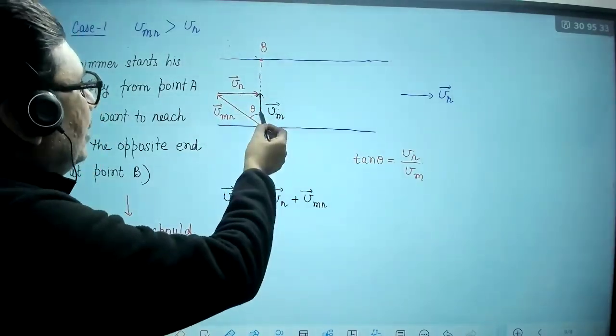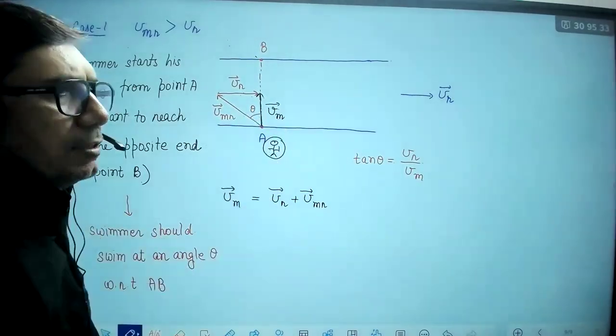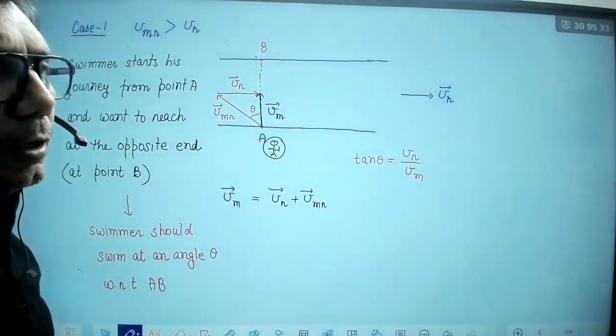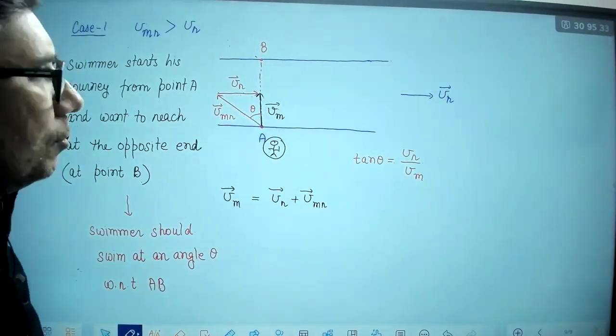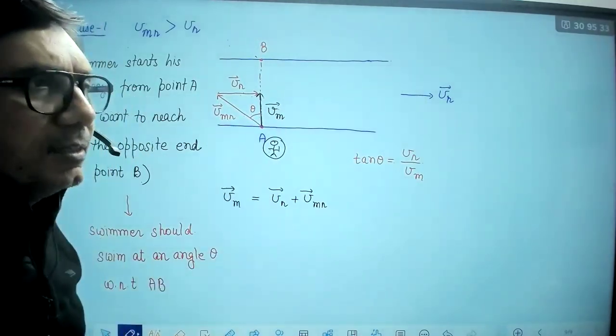If he provides me VM and VMR, I can use cos theta. Depending upon the two quantities he provides, I can find out theta. This is the first one.